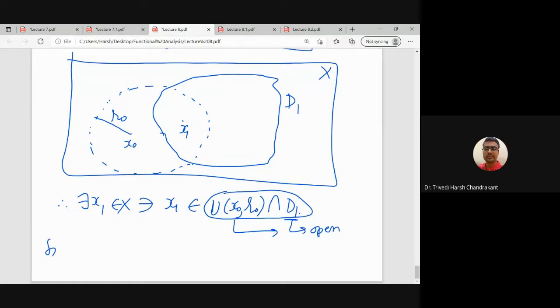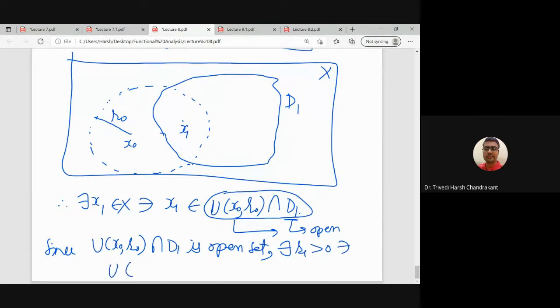So since U(X naught, R naught) intersection D1 is open, there exists some radius such that the disk around X1 with radius R1 is contained in this open set. So we will choose this R1.